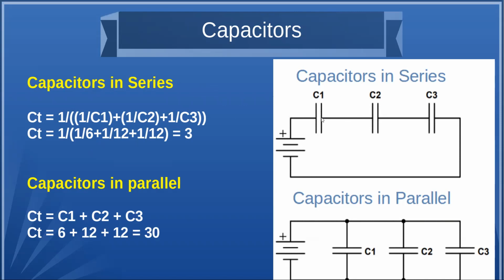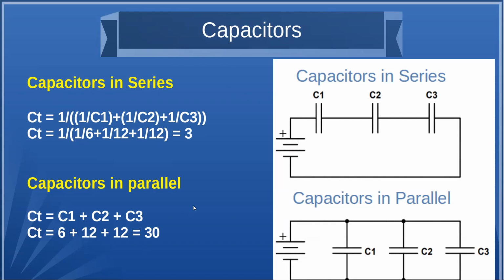So if that was 6 microfarads and 6 microfarads, the result would be 3 microfarads. Or you could do the reciprocals. But that only works when there are two, to multiply and divide by the sum.